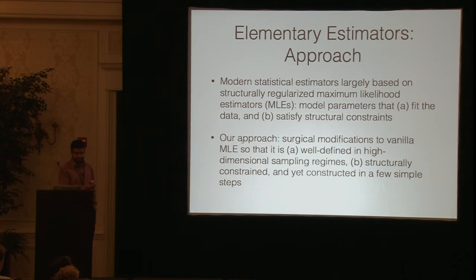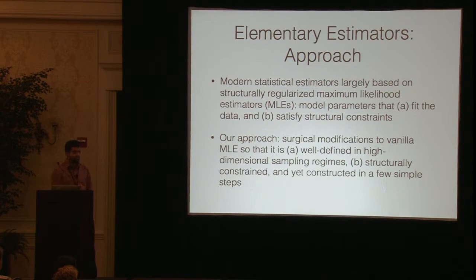So let's step back and see what the state of the art is, right? Modern statistical estimators, at least in the convex regime, typically involve regularized MLEs. What do regularized MLEs do? The MLE part corresponds to goodness of fit to the data. You find a theta that fits the data well.